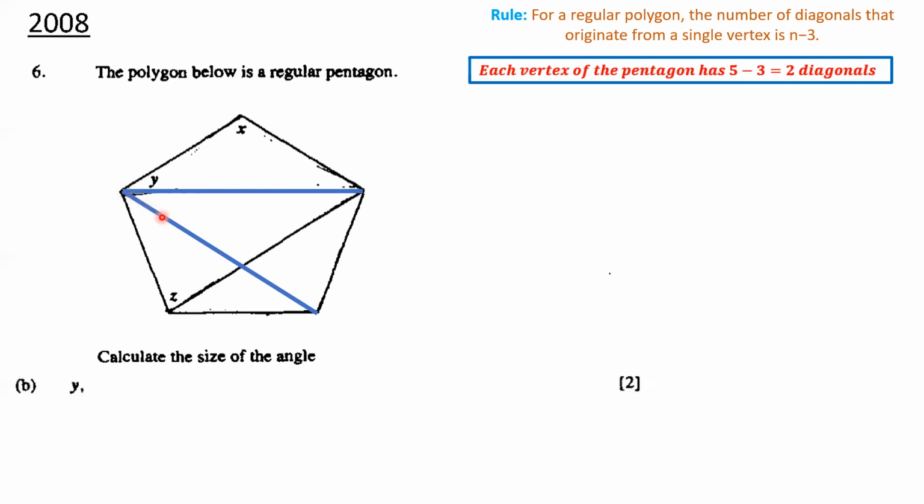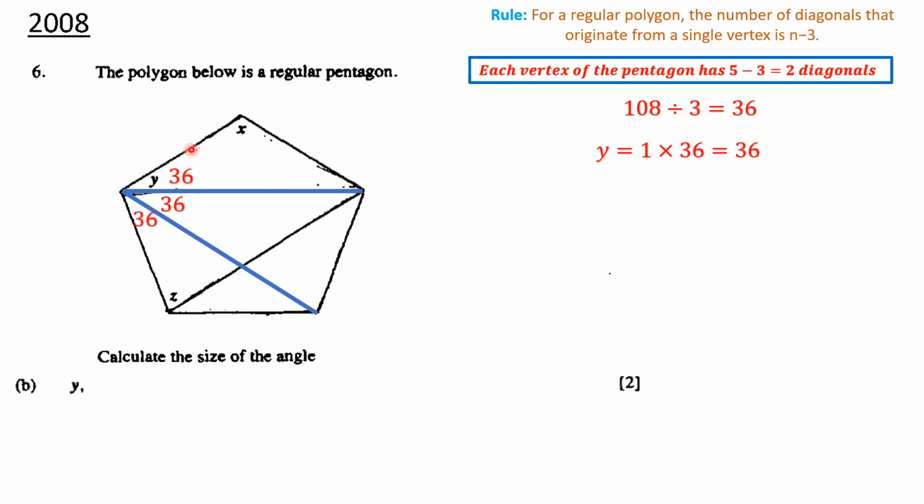So we're going to draw this diagonal, right there. We're going to draw this diagonal. Now, how many spaces do we have in between? We have 1, 2, and 3. And so that means that we're going to take the interior angle, which we know to be 108, and we're going to divide it by 3. So we're going to split it evenly. And so it's going to be 36, 36, and 36.